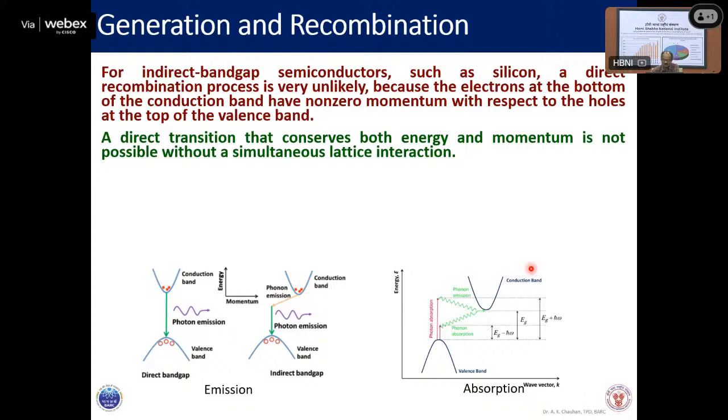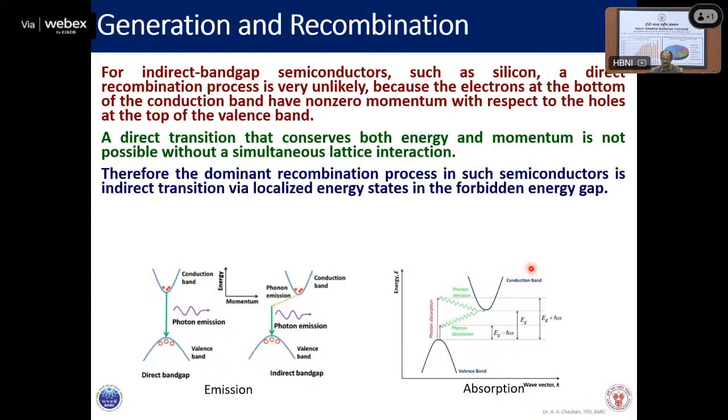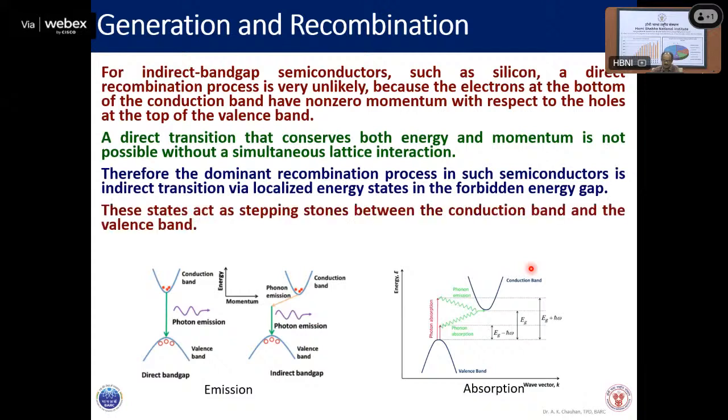A direct transition that conserves both energy and momentum is not possible without a simultaneous lattice interaction. Therefore, the dominant recombination process in such semiconductors is indirect transition via localized energy states in the forbidden energy gap. These states act as a stepping stone between the conduction band and the valence band.